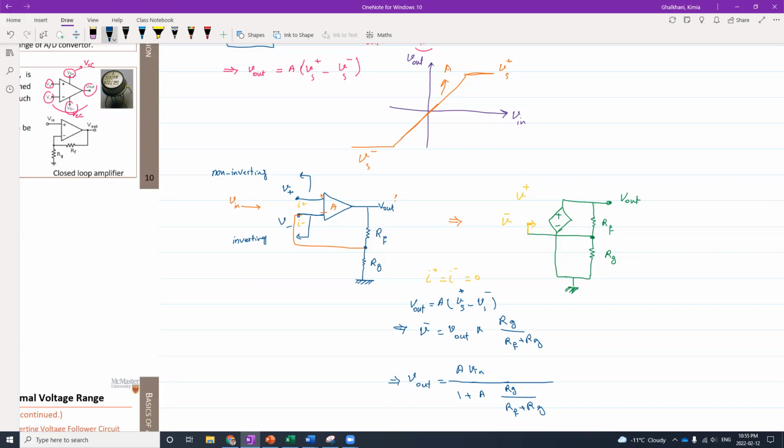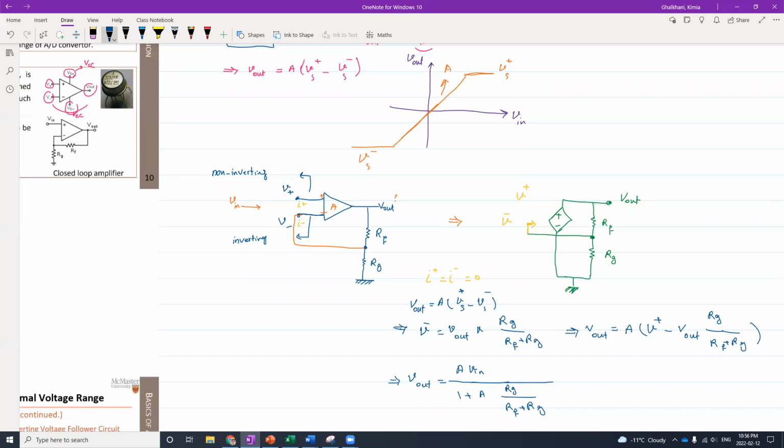So before I do this one, maybe it was better to just write this way. In here, V out, if you don't know how I found that one, V out is A times V positive minus, I'm going to put this one in there, V out times R_G over R_F plus R_G.